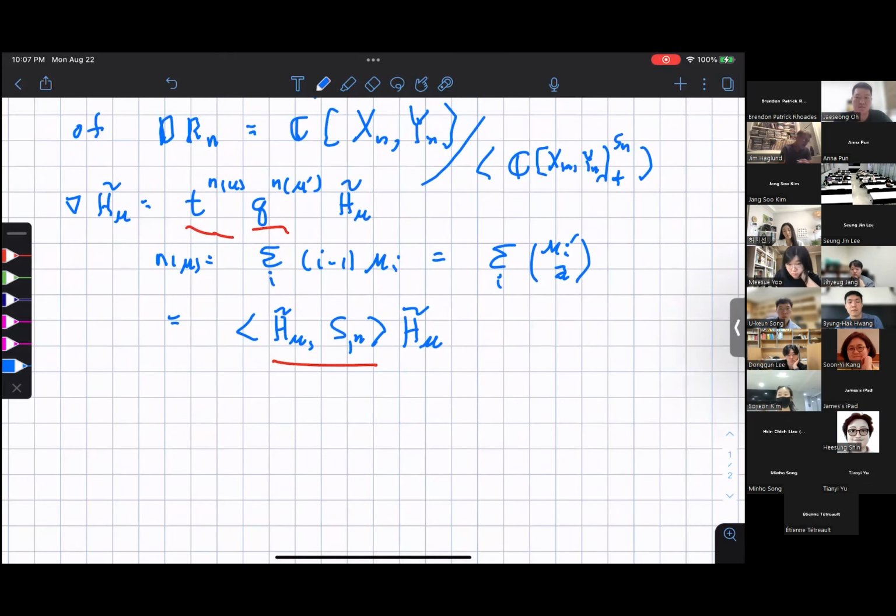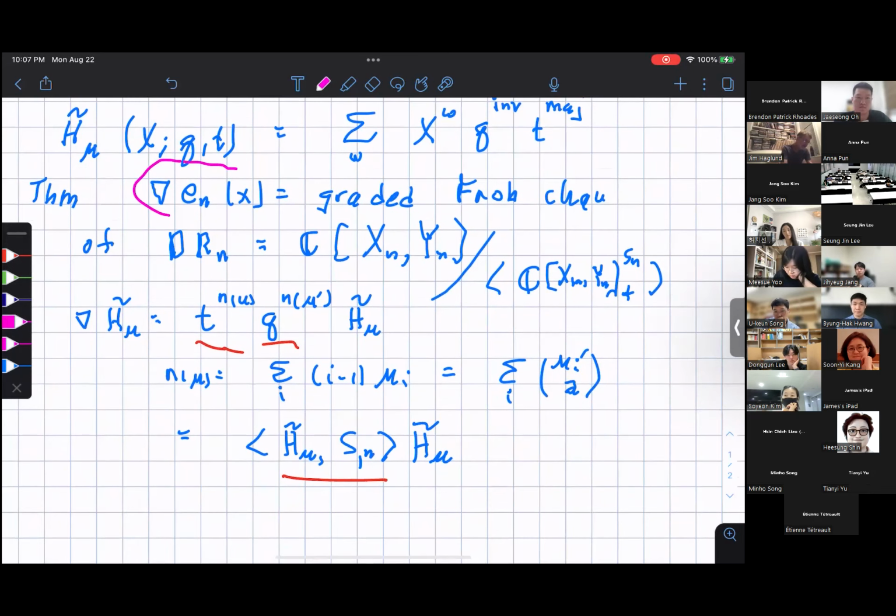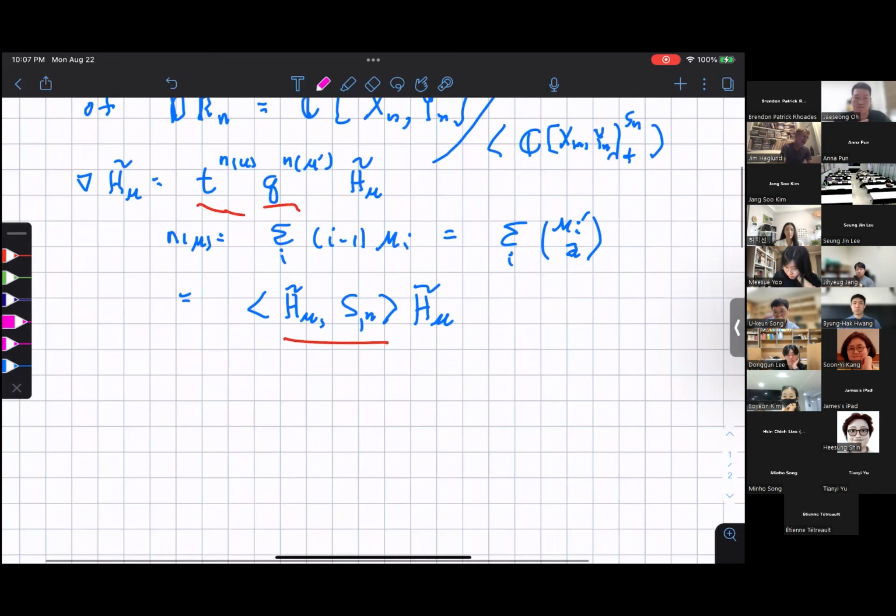Okay, now, what kind of formula does this actually give you? Nabla e_n. How do you actually compute it? Well, you have to write e_n in terms of these modified McDonald's. And there's an identity going back to McDonald, which allows you to do that.